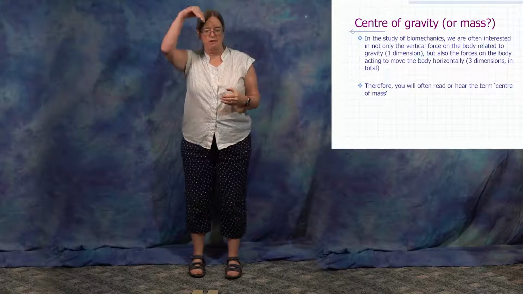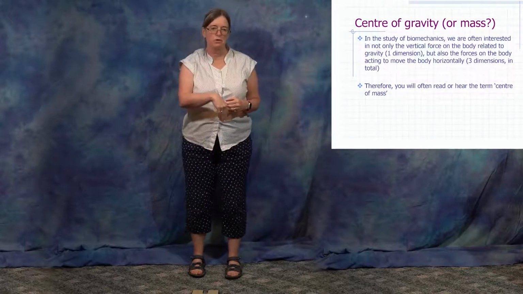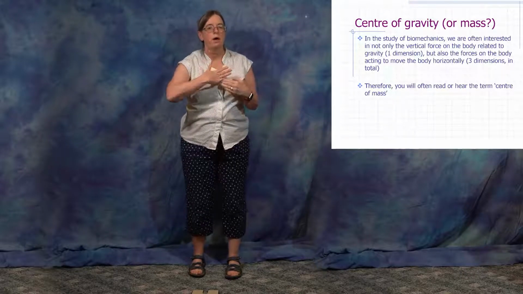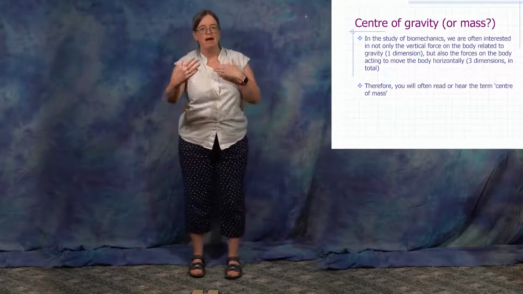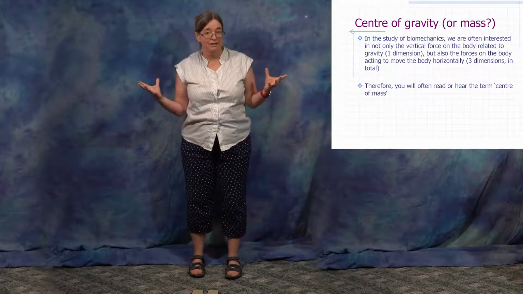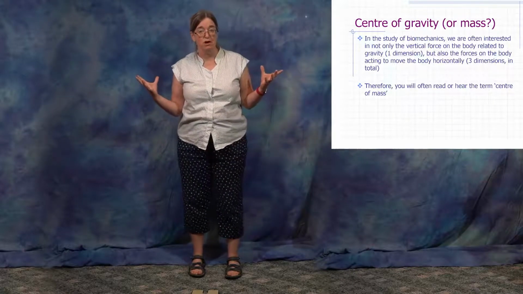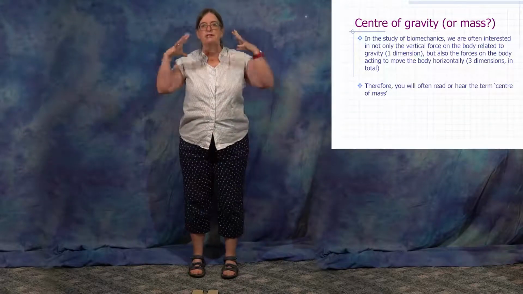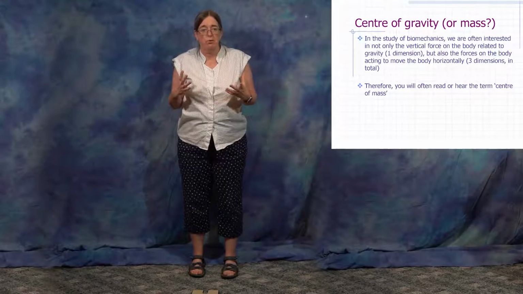That gravity acts down, acts in one direction. We might want to know a center of mass point in the other two directions. Gravity's not acting in those two directions. So in that case, the center of mass would be a more appropriate term.